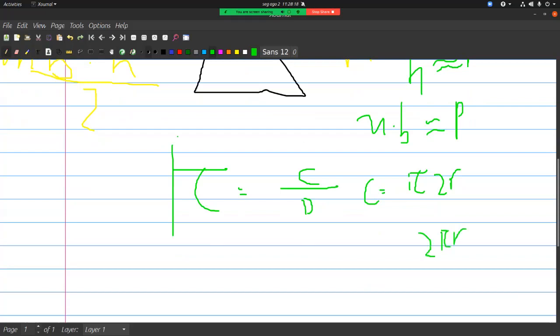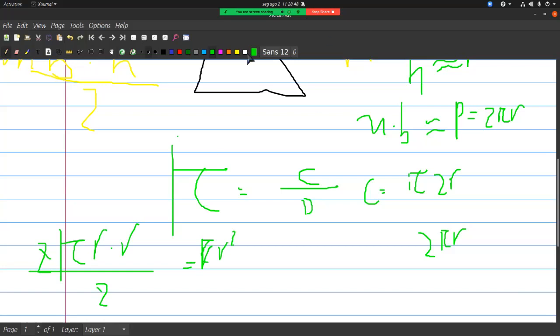So nb equals 2 pi r. Then the area is n times b, the sides times the base, which is 2 pi r, times r over 2. The 2s cancel out. That's pi r squared. This is method 1.